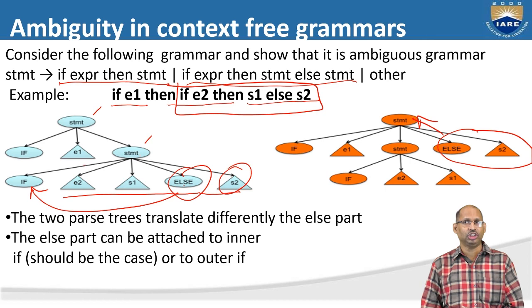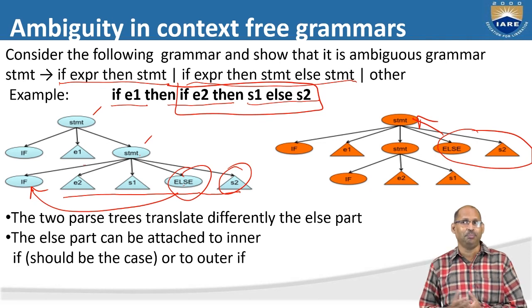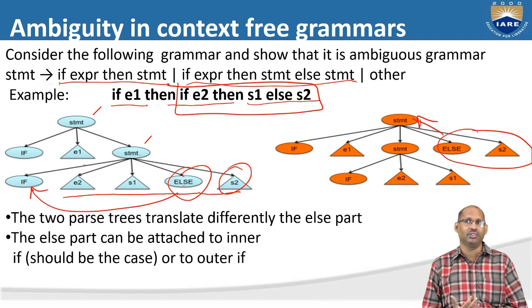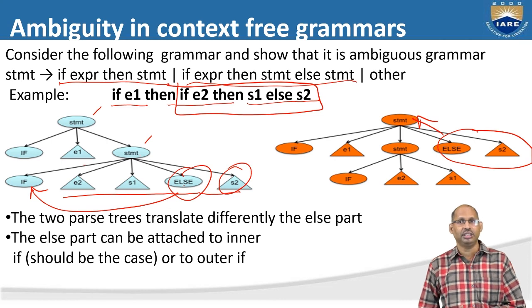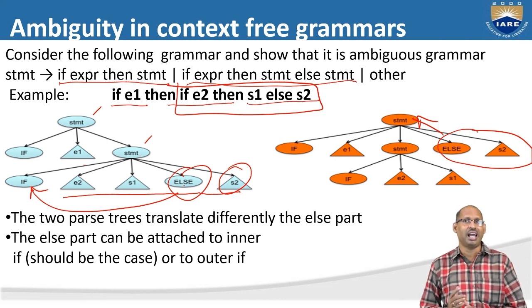In the first parse tree, the else is mapped with the interior if statement. That second if statement is connected with the else. But if you observe the second parse tree, the else statement is mapped with the outer if statement, the first if statement, right? So here it results in the ambiguity, right? This is simply an if-else statement only, but the grammar is resulting in ambiguity, right?